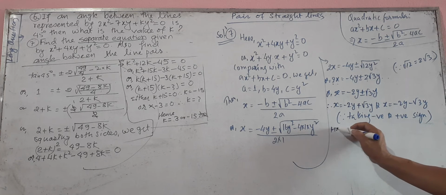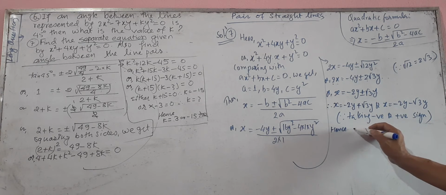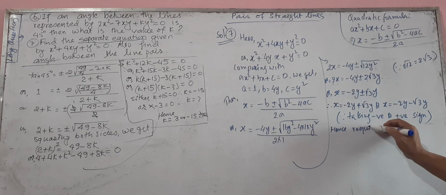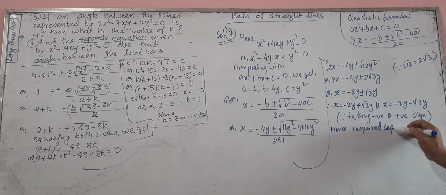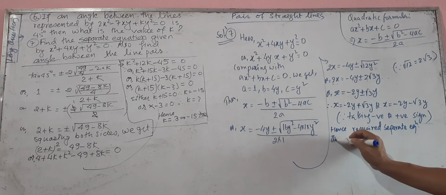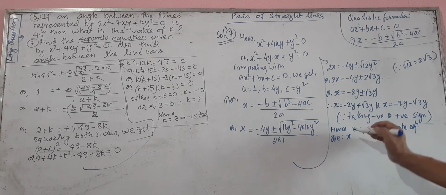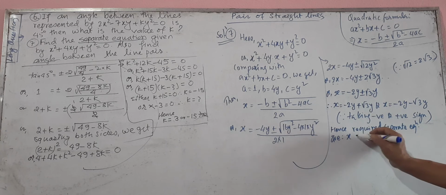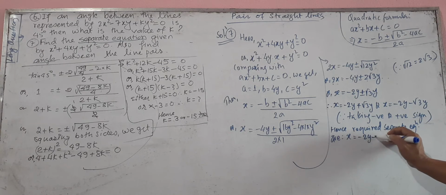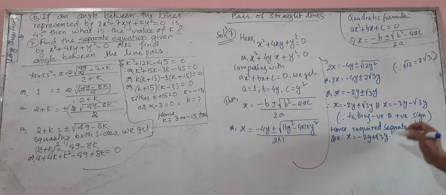Hence the required separate equations are x equal to minus 2y plus root 3 y, and x equal to minus 2y minus root 3 y.